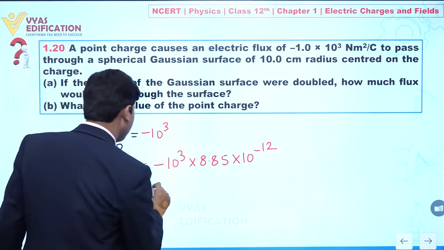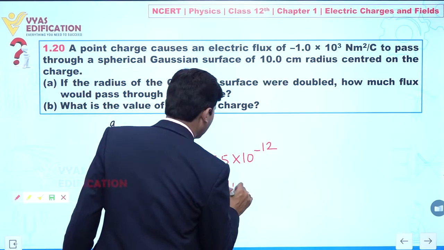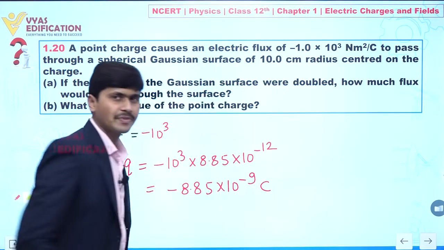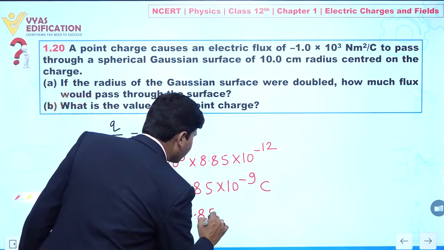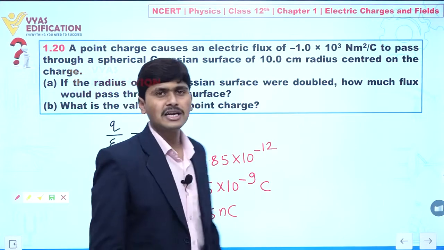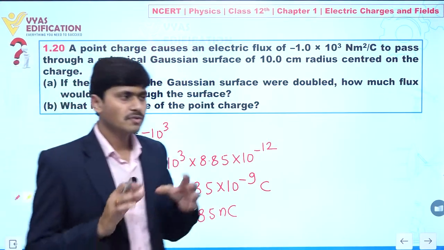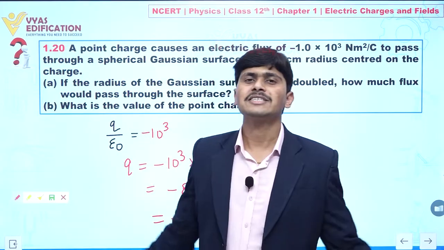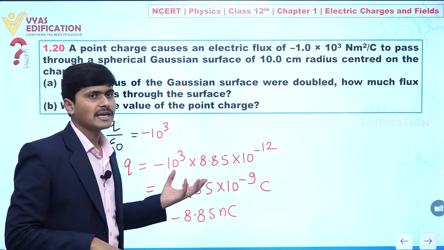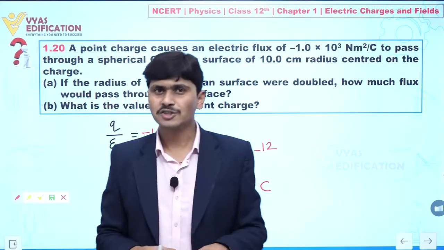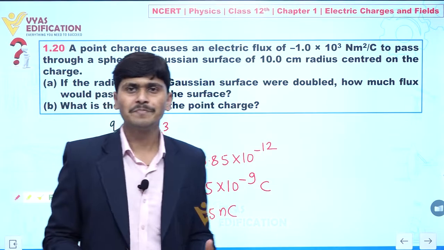From here we get minus 8.85 into 10 to the power minus 9 coulomb, or you can write minus 8.85 nanocoulomb. Definitely we will get a negative charge here, because for a negative charge electric field lines always come in the inward direction, and the flux is given to you as negative, which means this is inward flux. So the value of q we are getting is minus 8.85 nanocoulomb. Clear to everyone?